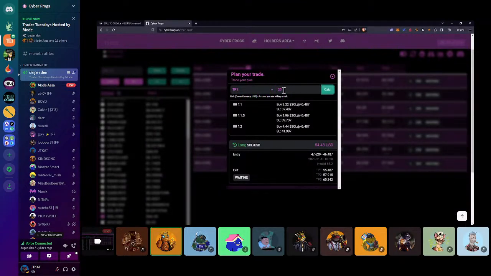If you're willing to risk $20 on this trade, your entry point is at $47.62 to $46.48. This is your entry zone. If you want to go just 1-to-1, you're going to buy 2.2 SOL at $46.48.